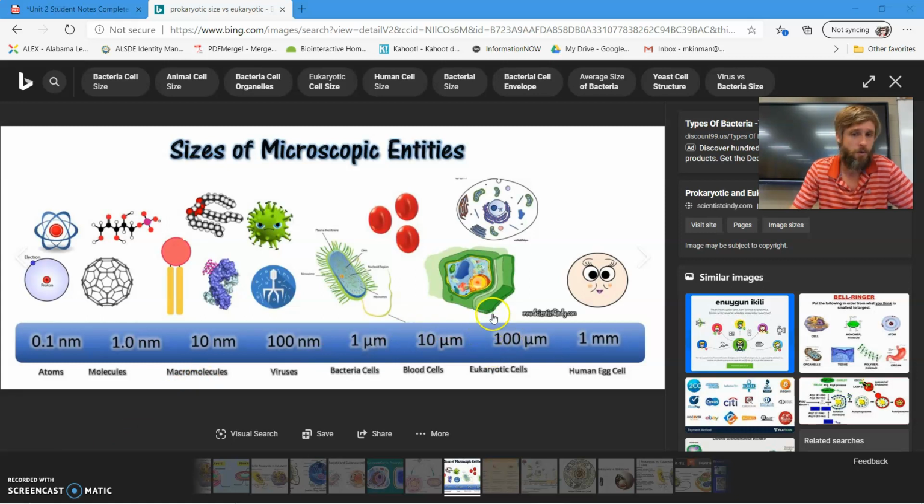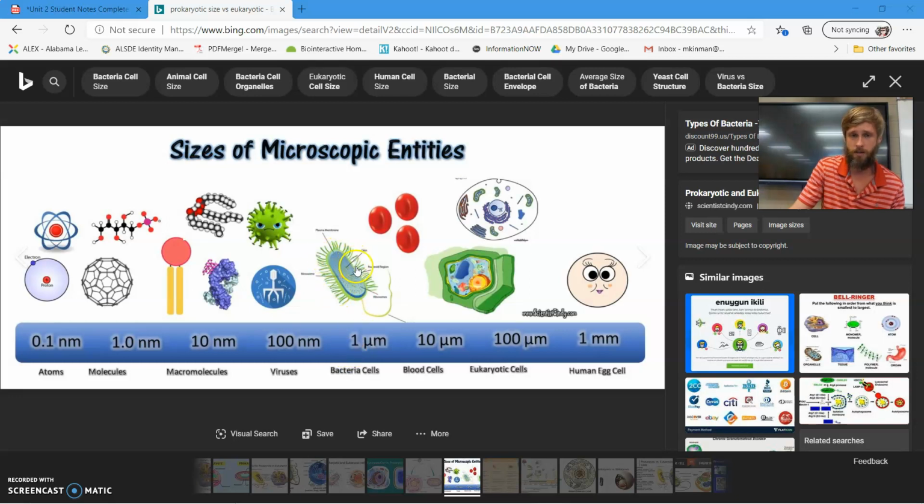This diagram shows plant cells and animal cells here at about 100 micrometers. So these we can see under a microscope, and you are hopefully going to get to see them under a microscope whenever you come to class. Anyways, and here you have bacterial cells. Notice we go from about 100 micrometers down to about 1 micrometer.